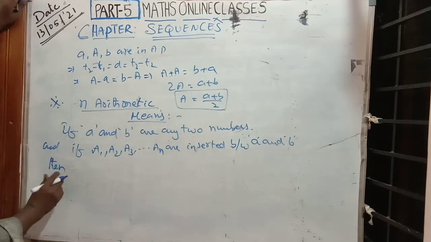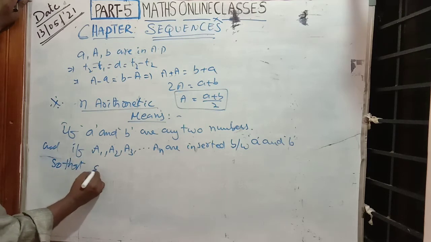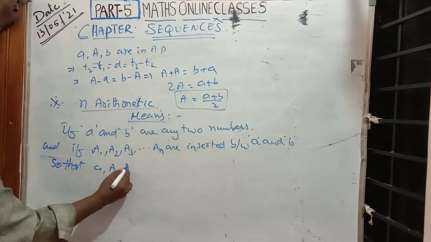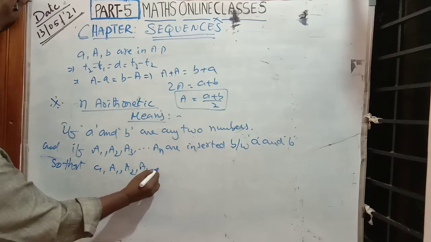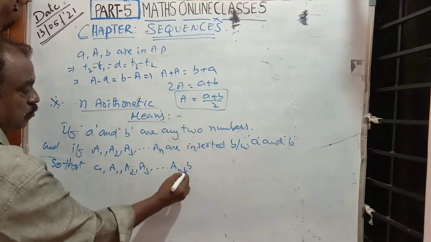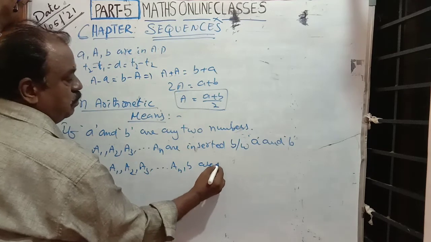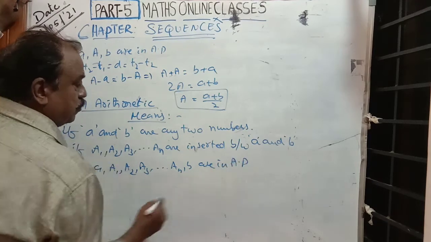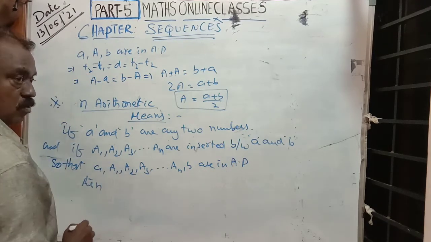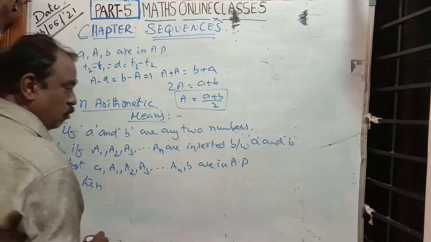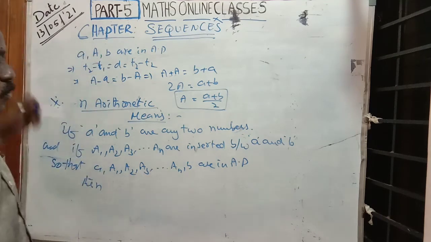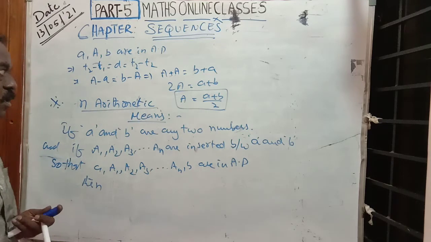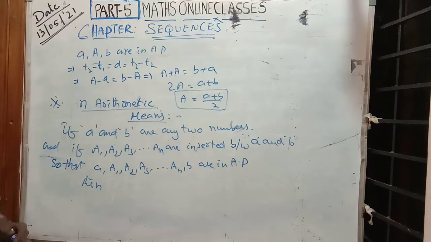So that a, A1, A2, A3, up to An, b must be in AP. Here, with the same condition, we used only one number between the given a and b, so that is the arithmetic mean.